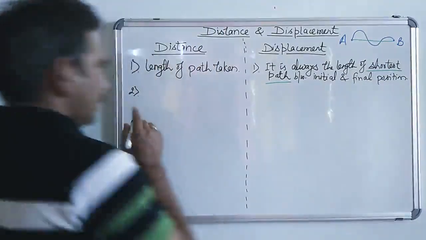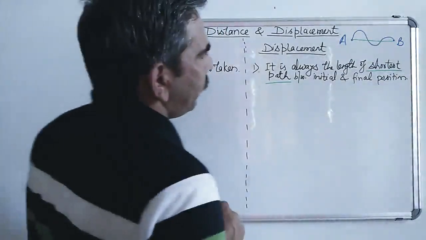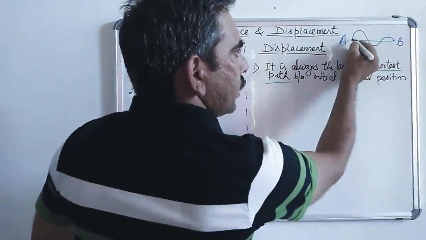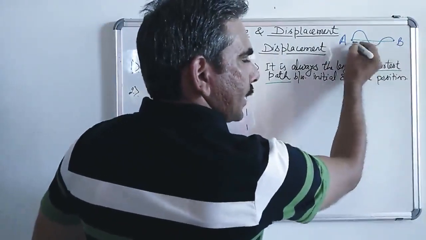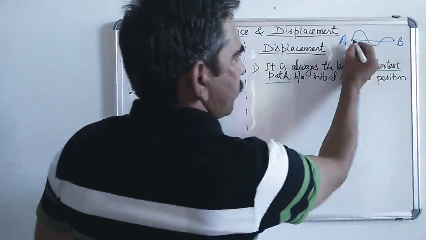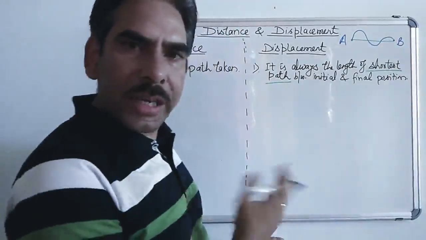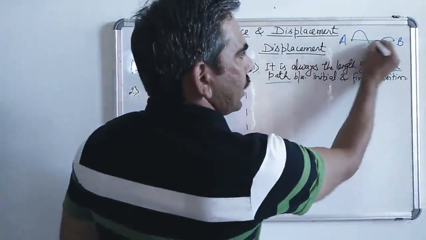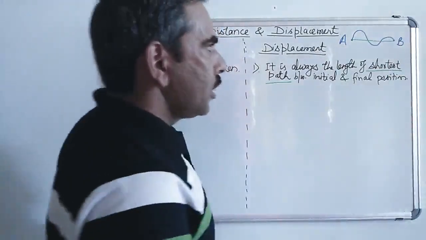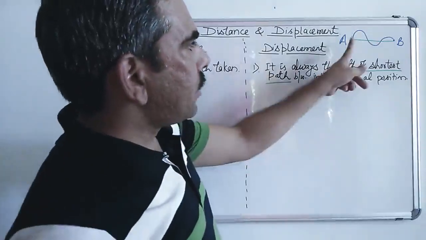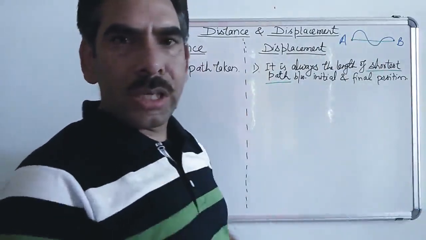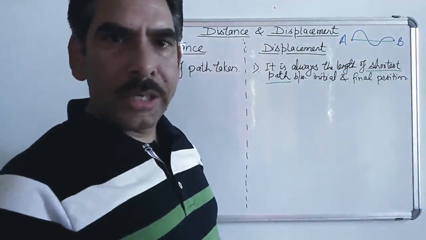If there is a path between A and B along the straight line, then this is also the actual path taken for covering the journey from A to B. Then it will be the length of the actual path, meaning distance, and it will also be the displacement. So we understand that distance is always either more than the displacement or at least equal to it, and never less.